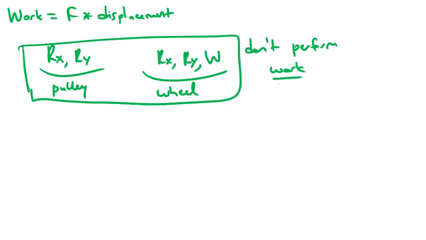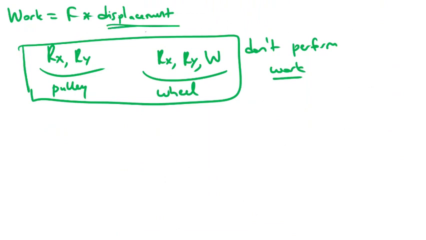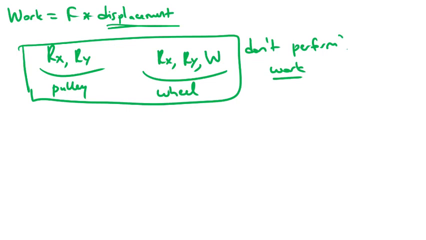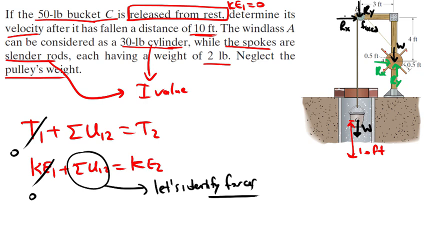The reason is that the displacement term is 0. You can see they are fixed, so they don't move. As they don't move, they cannot create any work. The only work is created by W, which is the weight of the bucket.